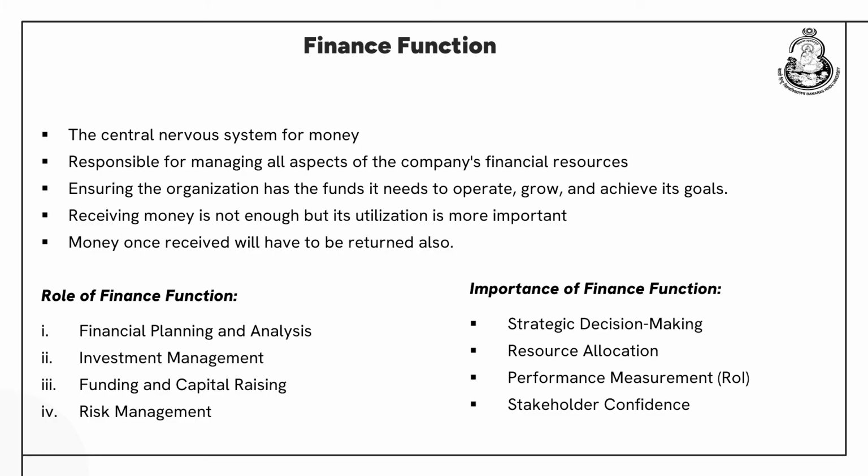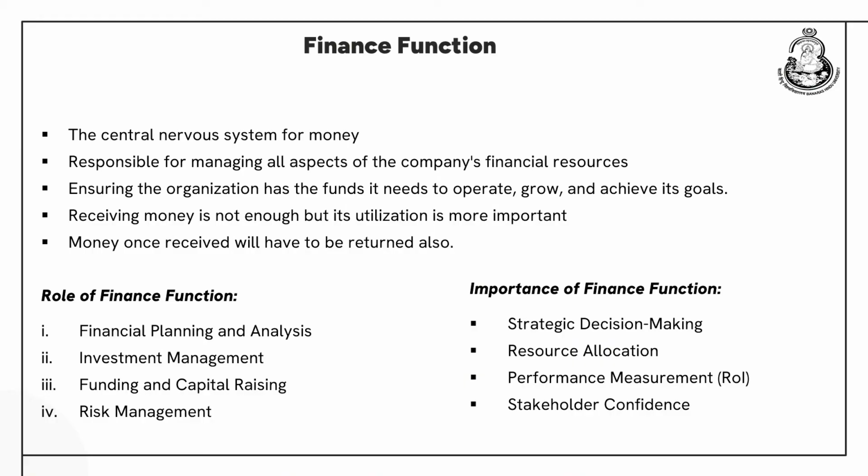Receiving money is not enough, but its utilization is more important. We are always emphasizing that a firm can get money from multiple sources, but until and unless it is put into profitable avenues from where the company can earn decent returns, it's of no use. That is why utilization or investment decisions are very important for an organization, because once you receive money, obviously it's not your money.